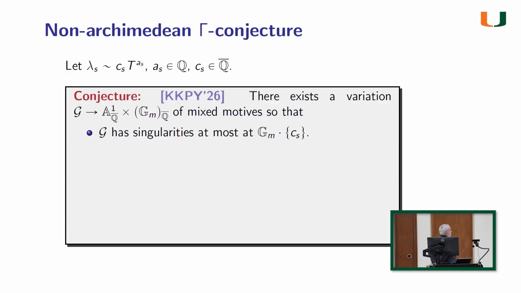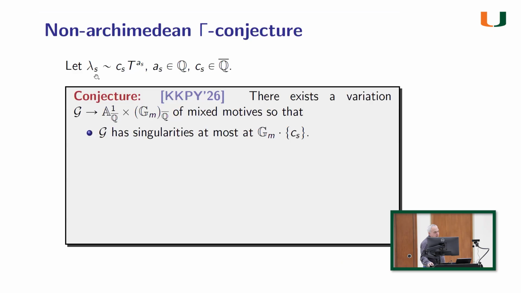You want to say that on the affine line cross G_m over Q bar, there is a family of mixed motifs such that they have singularities at most at the leading coefficients of the eigenvalues. I didn't say this, but if you look at the eigenvalues, the spectral cover, we are at one point.